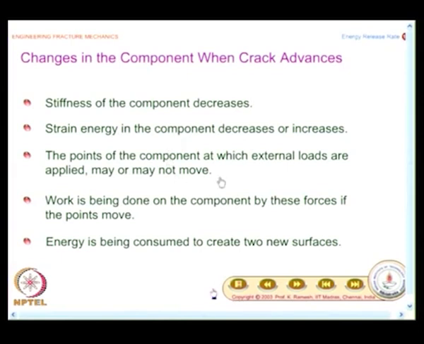And another minor detail is the points of the component at which external loads are applied may or may not move. The moment you come to fracture mechanics literature, you always talk about fixed grips. That means, you have constant displacement applied to the specimen. This is one possibility. Another possibility is constant load.